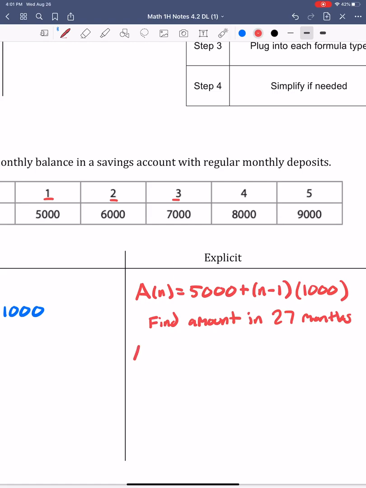So this is going to be a of 27, which is the 27th term here. So we're going to end up with 5,000 plus 27 minus 1 times 1,000. And then we're going to go ahead and evaluate here. So it's going to be 5,000 plus 26 times 1,000.